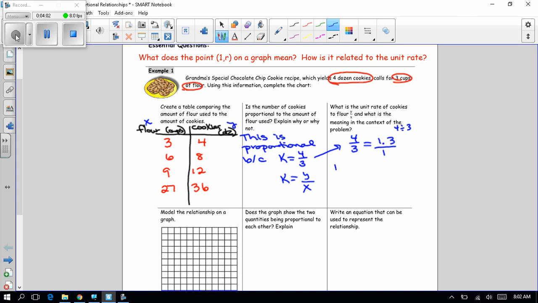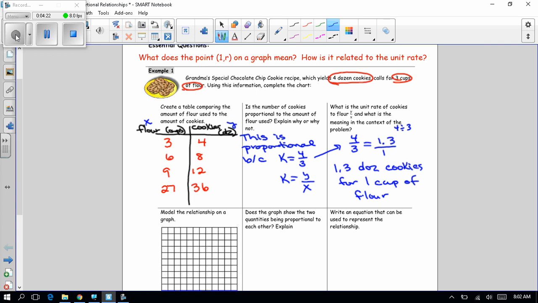So in other words, I'm going to have 1.3 dozen cookies for 1 cup of flour. Maybe that's all I have in the house. I only have 1 cup of flour and I'm really hungry for cookies, so I can make 1.3 dozen.